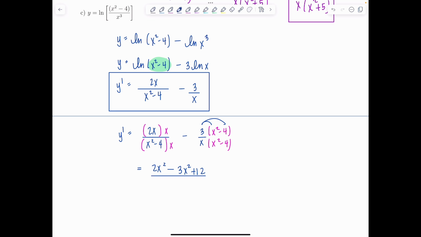Remember, the two negatives cancel. And then I have x times x squared minus 4. So what's this going to give us? Negative x squared plus 12. Let me put the 12 in the front, it'll look better. 12 minus x squared over x times x plus 2 and x minus 2. And that's it.